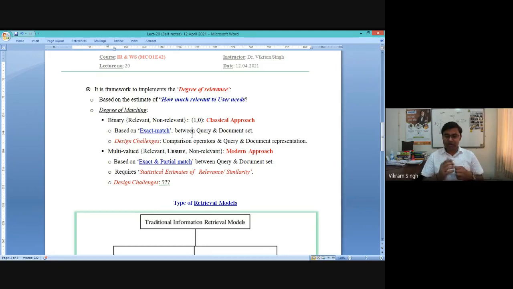What are the different operators you are using, right? If you have one single term in a query, you can simply perform the match, right? And suppose the user query has more than one keyword, how are these keywords in the user query mapped or matched on the query representation? What is the arrangement of comparison operators, right?